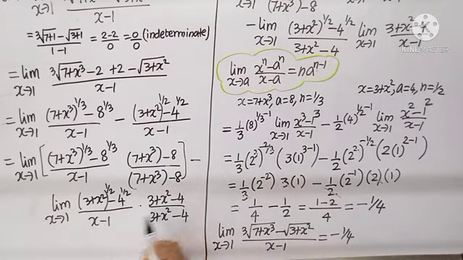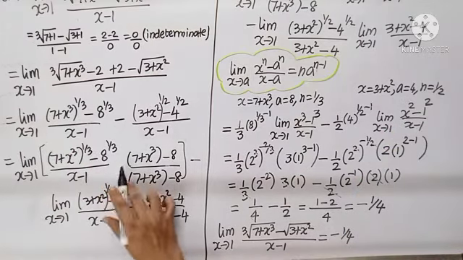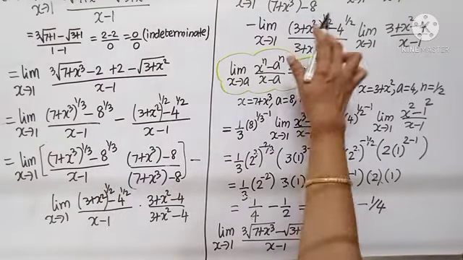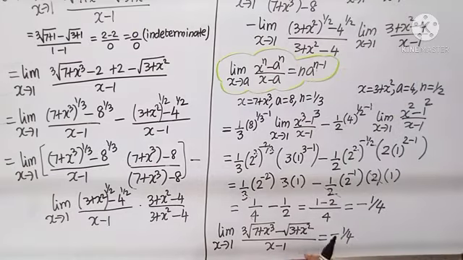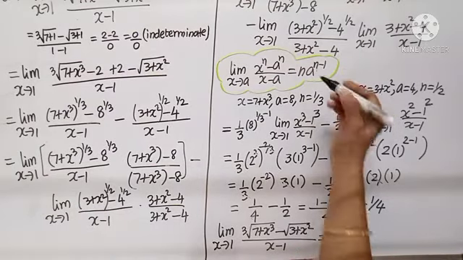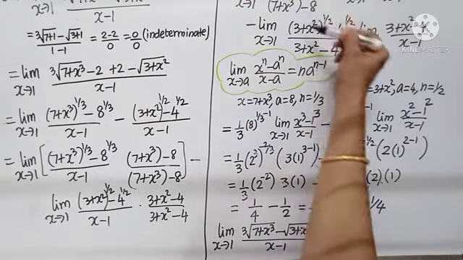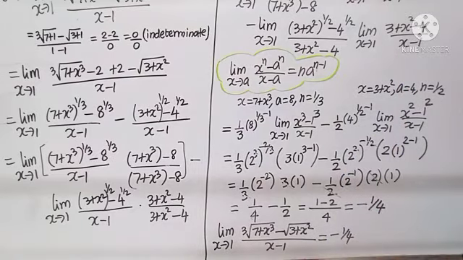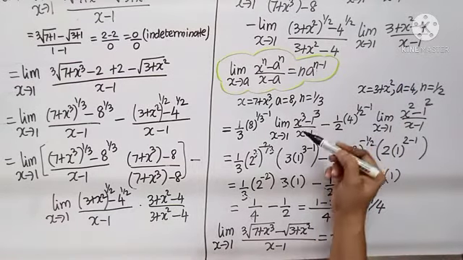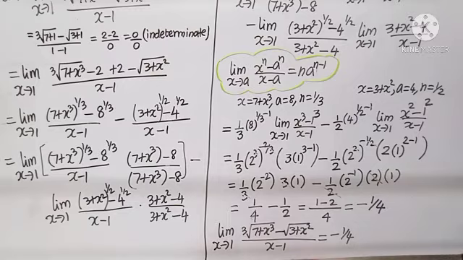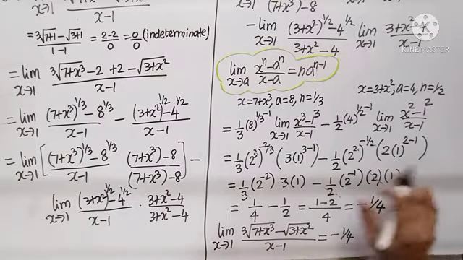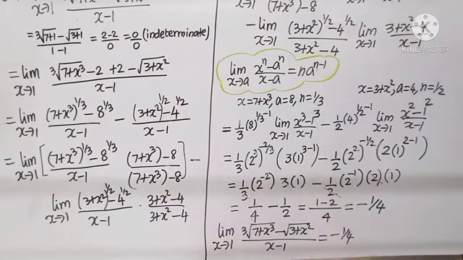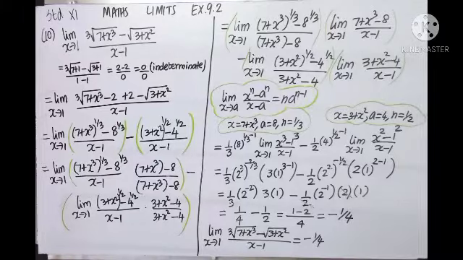So these two let me combine. Remember, limit split for subtraction, limit split for multiplication also. I can apply this formula for the first terms. This I need to simplify. Again, I can apply the formula for the second terms. Now everywhere we have applied this formula only. As we take LCM and simplify, we get minus 1 by 4.